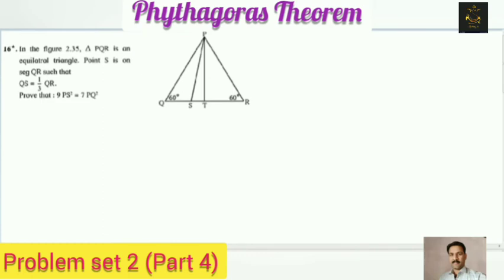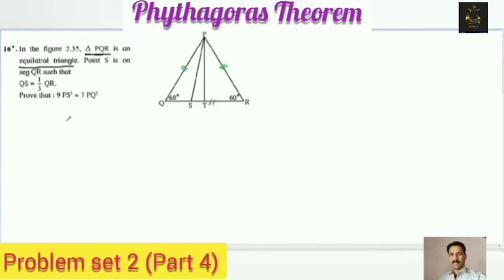Friends, in the 16th sum, again it is very important. Look here, they have given us a figure. This triangle PQR is an equilateral triangle, which means all three sides are the same.